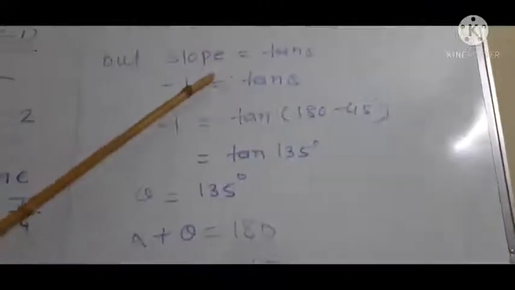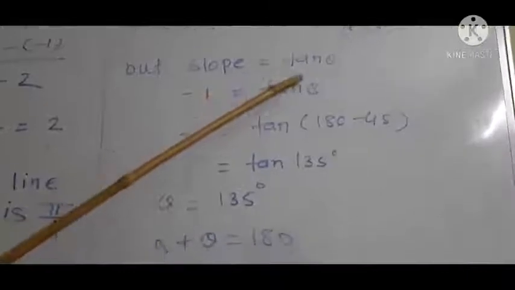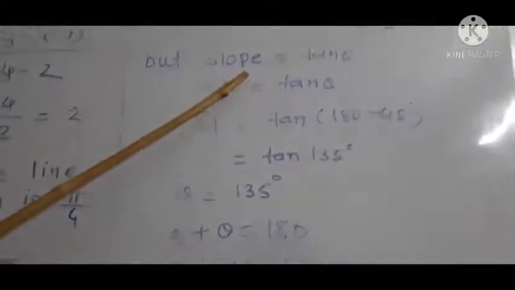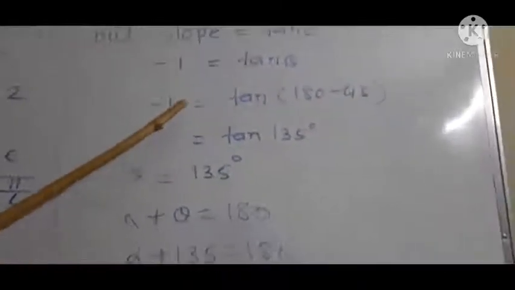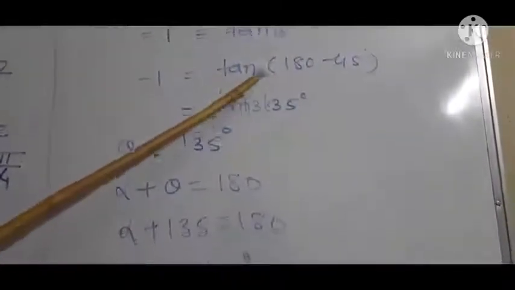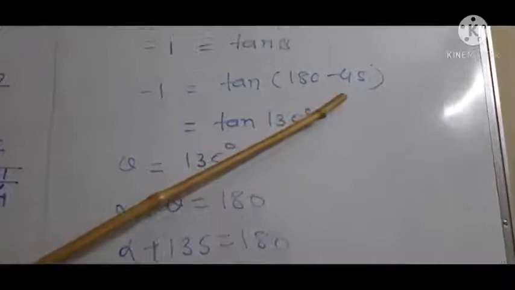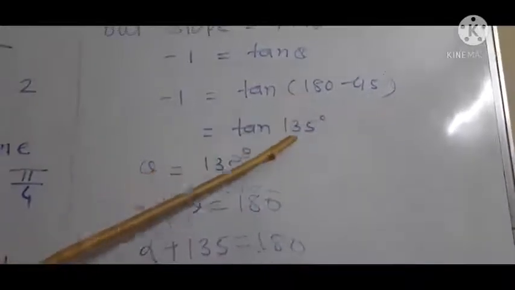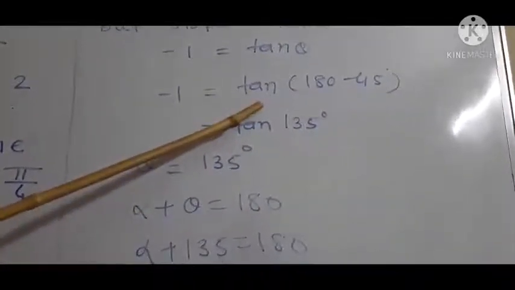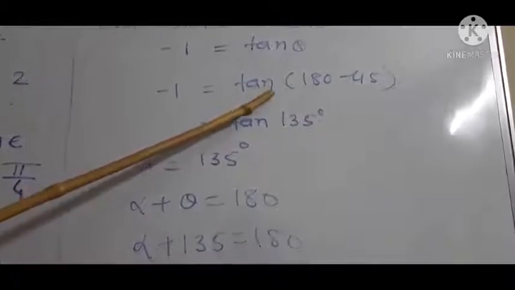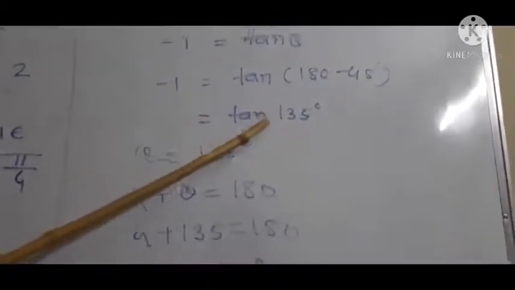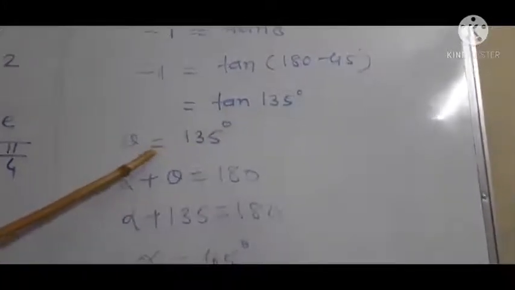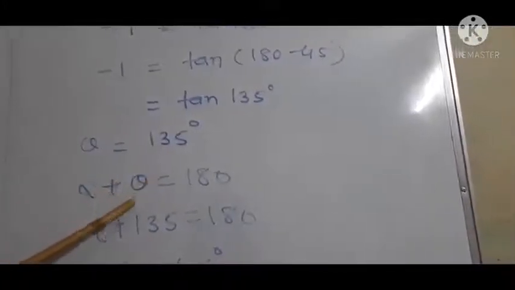But the slope is equal to tan theta, another formula for slope. Minus 1 is equal to tan theta. Minus 1 is equal to tan of (180 minus 45) degrees. We take 180 minus because we know that in the second quadrant tan is negative. Therefore, tan of (180 minus 45), which is minus 1, is equal to tan 135. So theta is equal to 135 degrees.